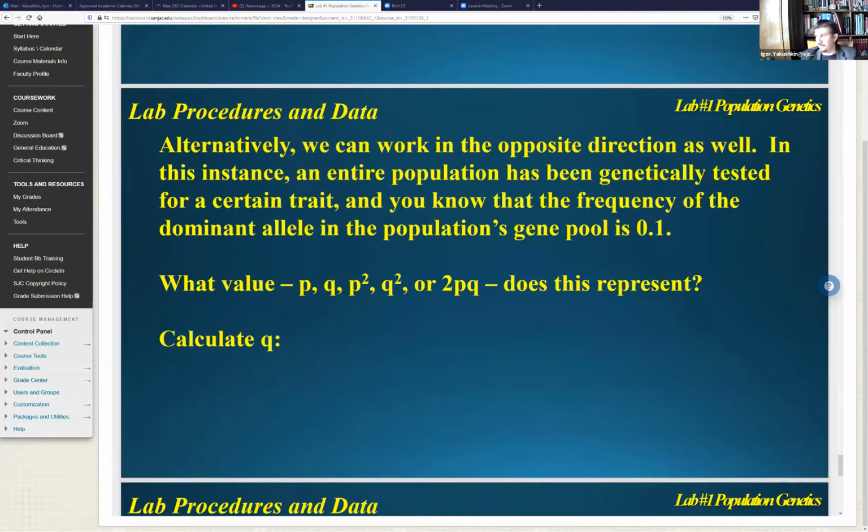So now all I need to do is double check myself. P squared, 0.01, plus my 2PQ, 0.18, plus 0.81.